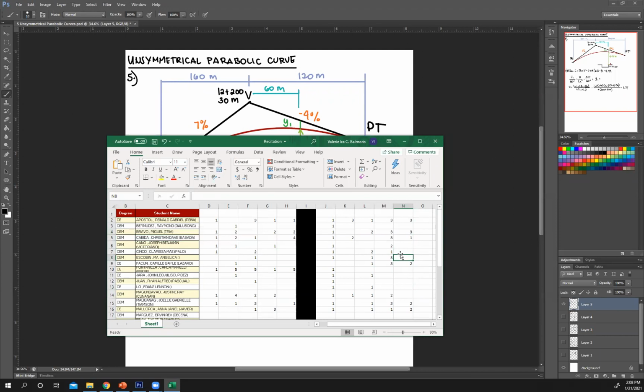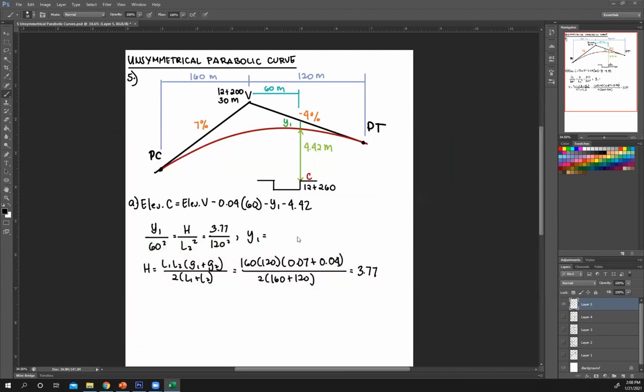Okay. So 0.94. Now knowing that, if you compute for this, so 30 minus 0.04 times 60 minus 0.94 minus 4.42, what is the final answer?